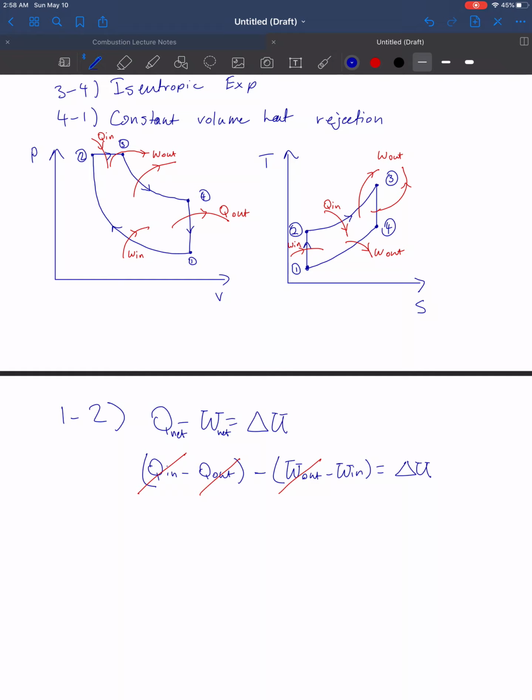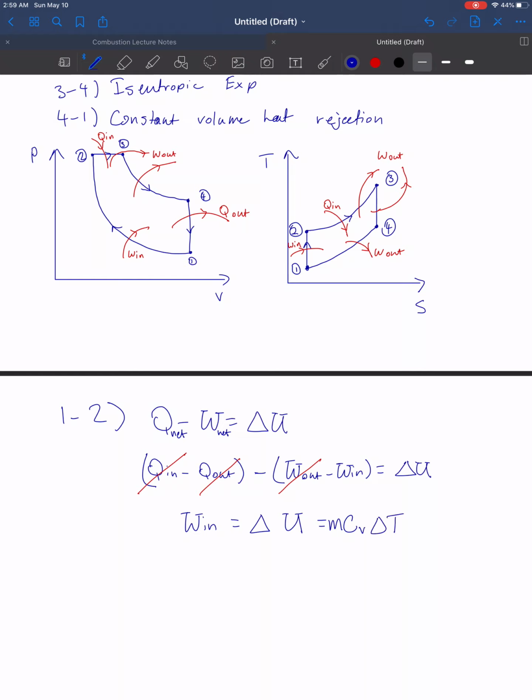Work in, right? Now my work in is given by, because I want to point something out. This is a negative and this is a negative, so they cancel out to be a positive, right? My work in is going to be given by delta U. Now what's my formula for delta U? My formula for delta U is, I believe, m C_v delta T, right?